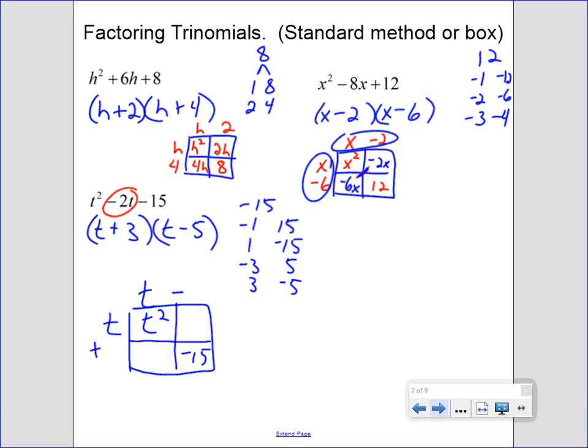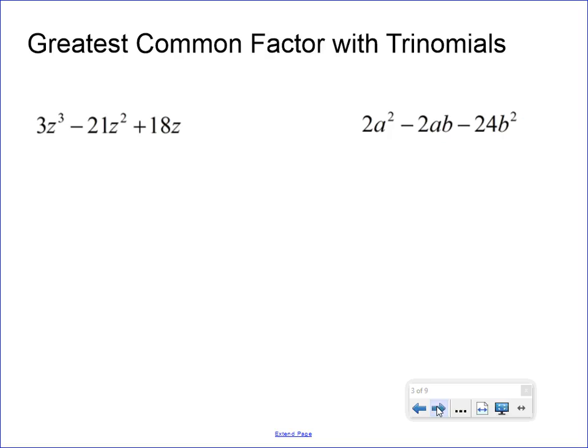So in my mind, I'm thinking a negative 5 and a positive 3. Therefore, these would be t's along with these. That's a negative 5 here and a 3 here. And again, we get the same factors that we had before. Okay, hopefully I'm not going too fast, but again, you can always stop and rewind and watch and listen again.